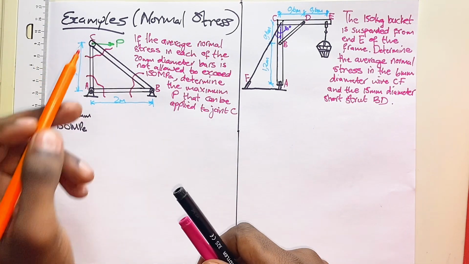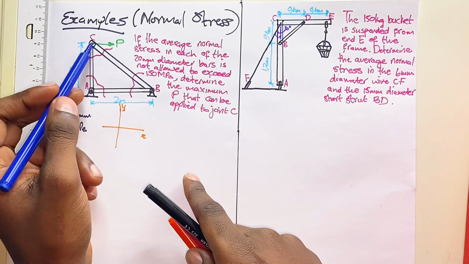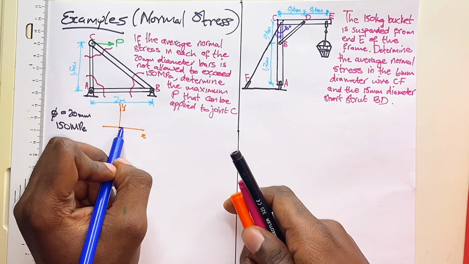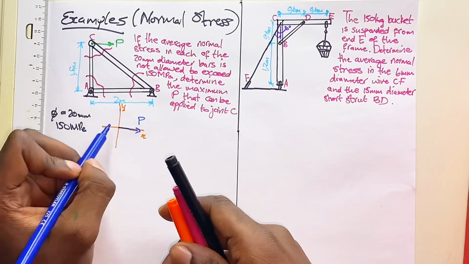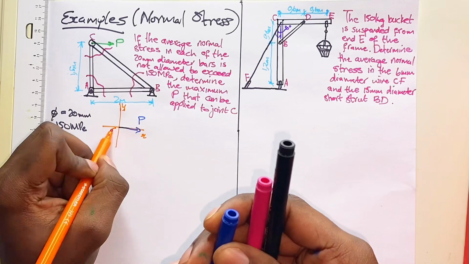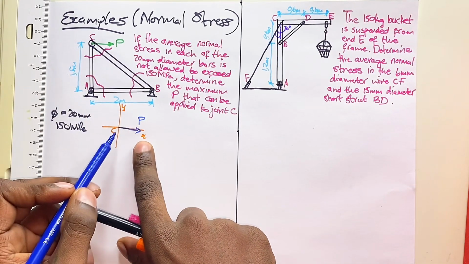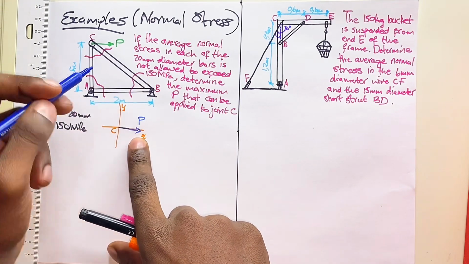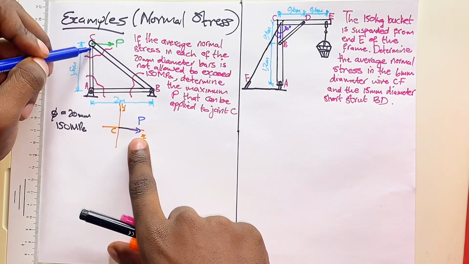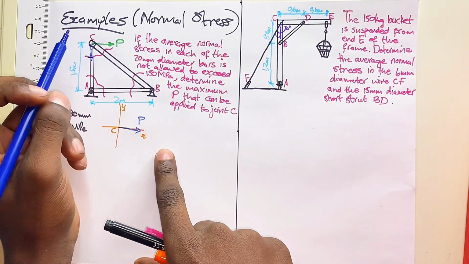And let's look at joint C. Now for joint C, you will notice that you have your force P that is acting in this direction. We are at C. You will have your force P that is acting in the positive X axis. And you will also have, if you cut this section here, a normal force inside there.